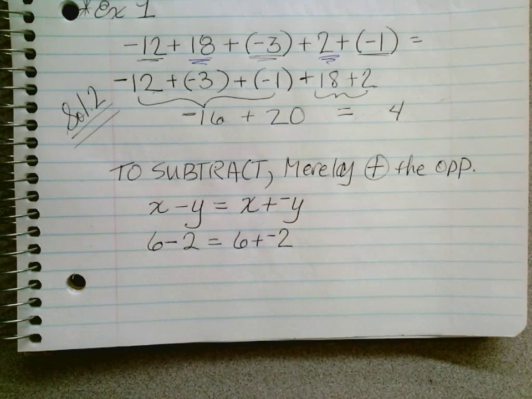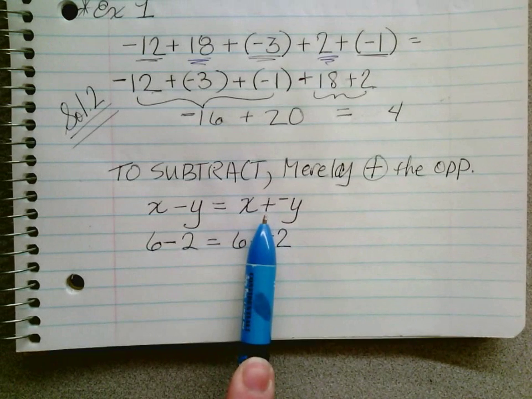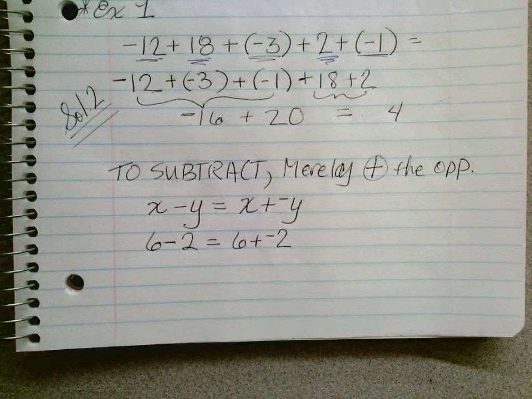That being said, if you mentally do that, you go back to the rules I gave you for sums. You start with whatever they give you, convert it to an addition problem, and then use the rules you've already been given. It can be tricky though, so we're going to practice that just a little bit.